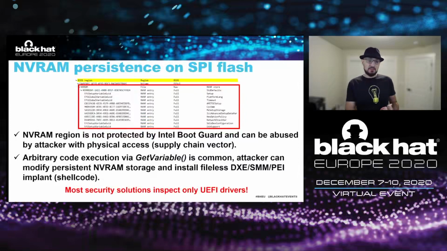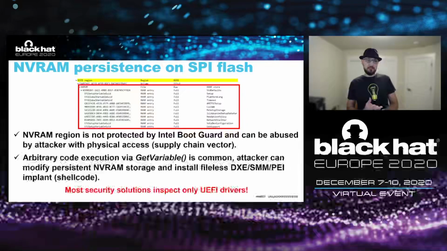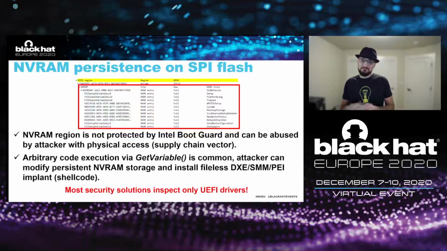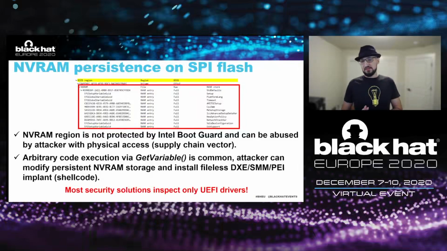Arbitrary code execution over GetVariable is quite common, and an attacker can modify a persistent NVRAM storage variable to install a fileless DXE, SMM, or PI implant, which is based on some shellcode and is not feasible at the driver level, or basically is hard to spot during execution, or even sometimes by runtime forensics.